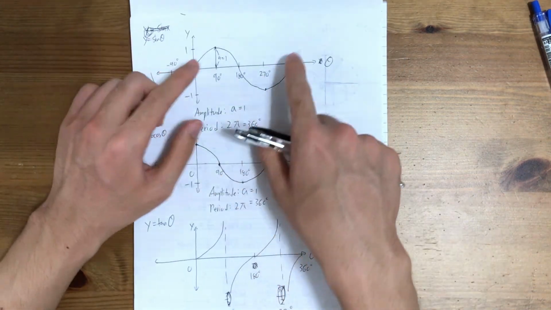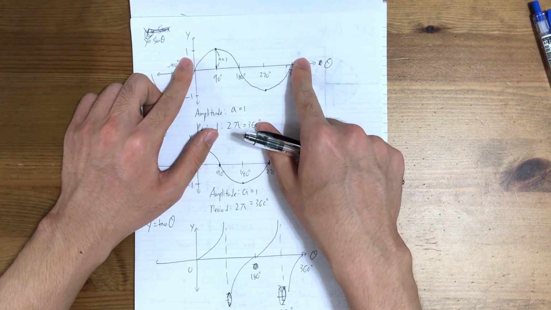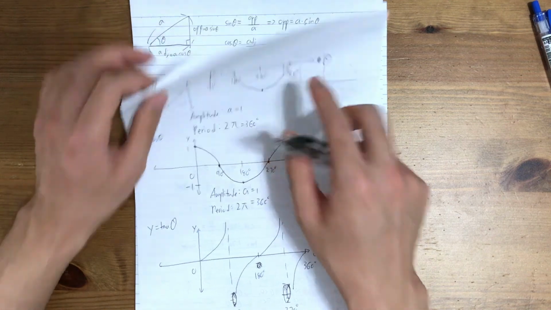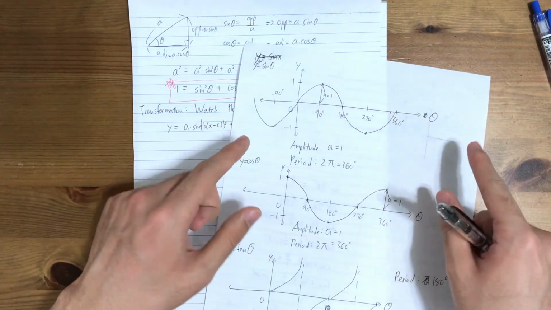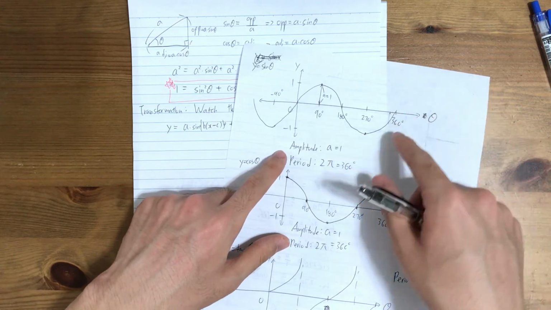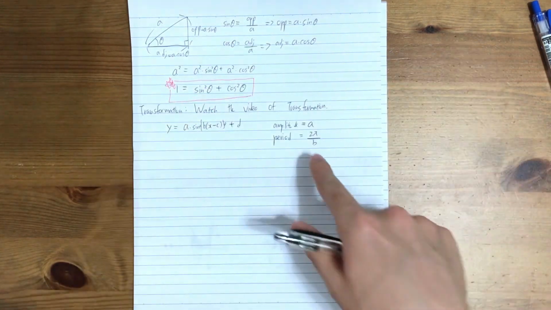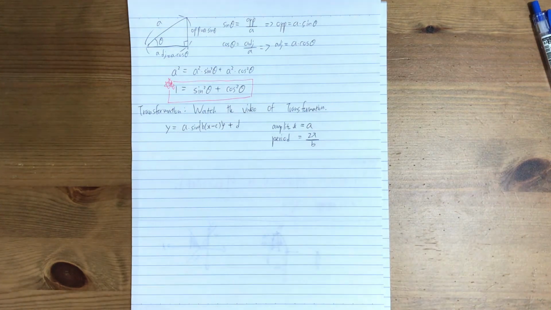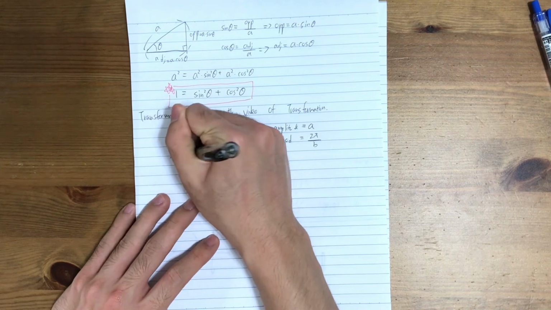And this period is certainly related to the x value, right? This is a period 2 pi. And if we do a horizontal stretch, that means this period is also affected, so the normal period 2 pi will be multiplied by 1 over b. That's why we have the equation for period like this, and it's the same for cosine as well.